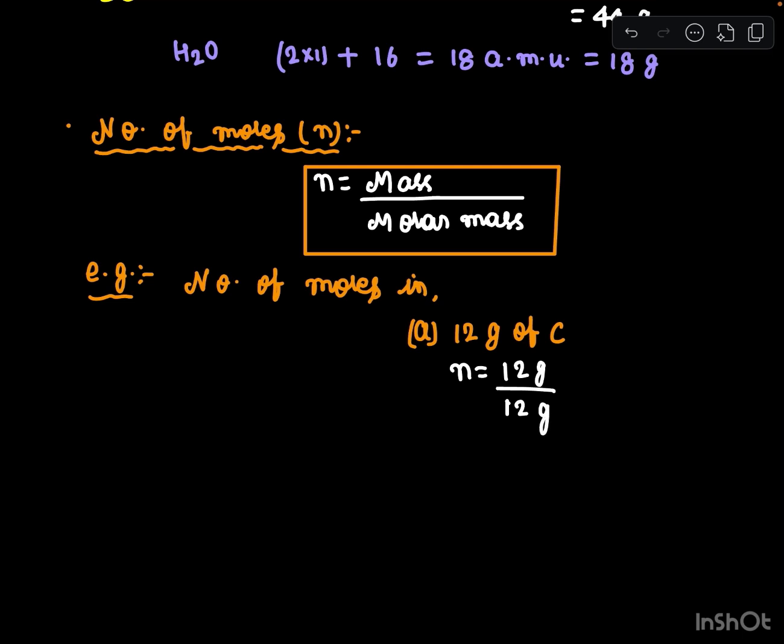Now we'll represent atomic mass or molar mass in terms of gram per mole: 12 gram per mole, which is equal to 1 mole.